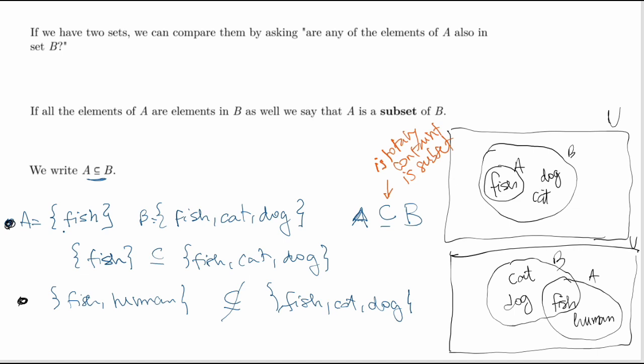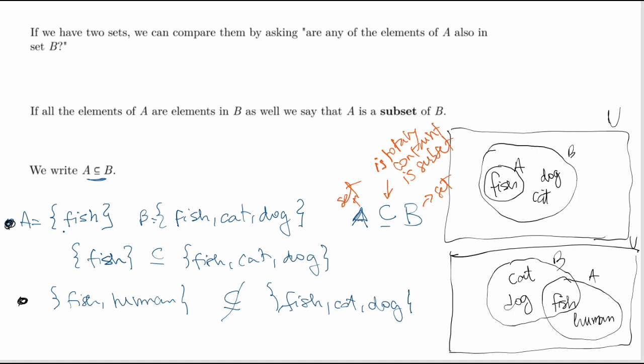And on the left-hand side, you need to have a set. And in the right-hand side, you need to have a set as well, because you're comparing sets, right? So the is subset or is totally contained is an analysis between sets. So the left-hand side must be a set and the right-hand side must be a set as well.